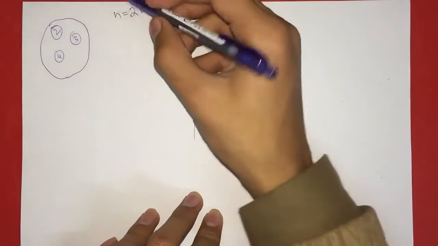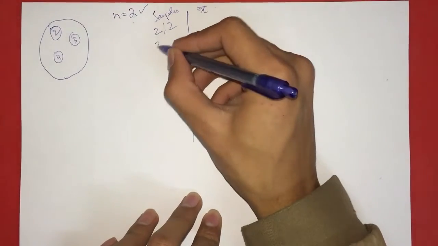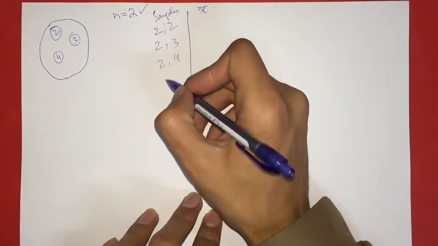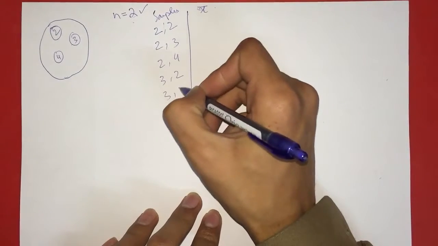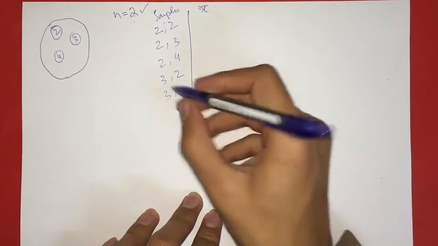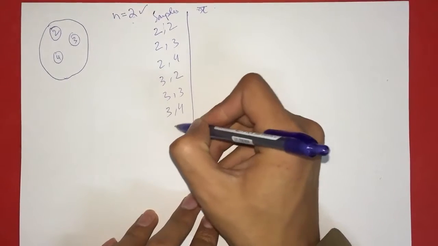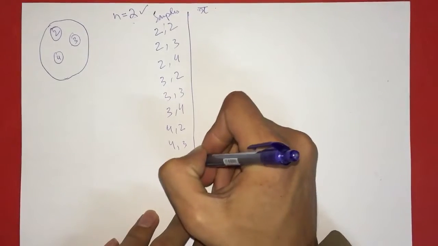I can also repeat the same digits. I have 2 2, 2 3, and 2 4. The same way we have 3 2, 3 3, 3 4, and now I have 4 2, 4 3 and 4 4.